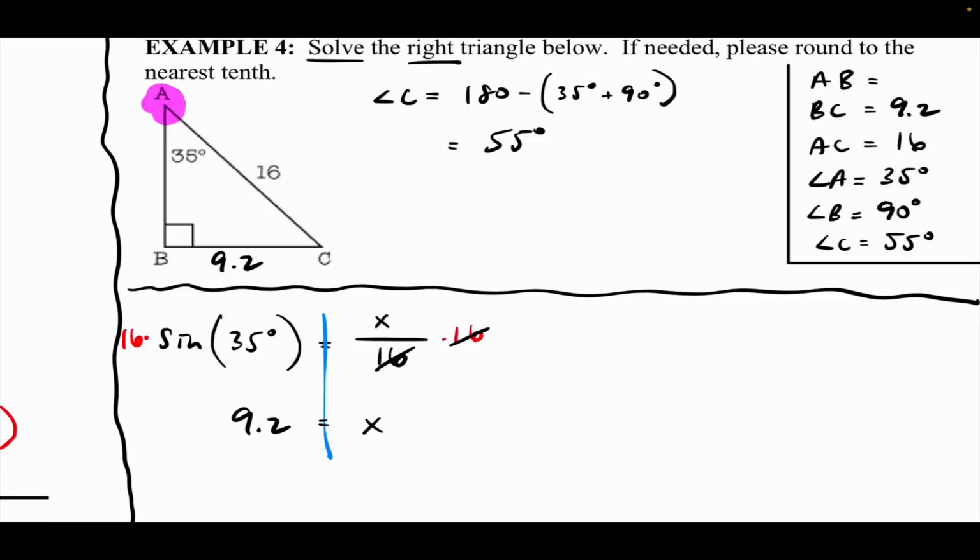One more. So again, there's two different ways to find AB. You can use the same way we just did, or you can use Pythagorean theorem, right? Because I know two sides now. Let's say I just did the way we did before. So now let's say I'm trying to find this guy. Well, now it's not sine, it's cosine. Cosine of 35 degrees equals x over 16.